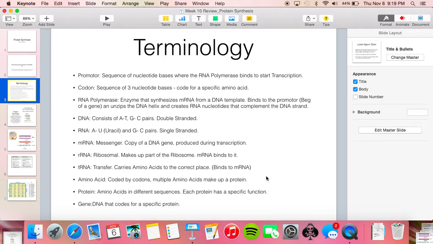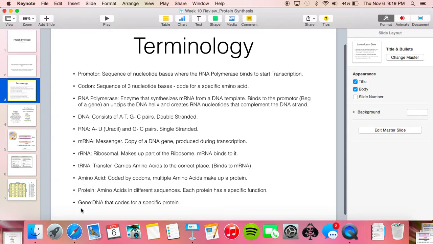Okay, the next thing, just kind of going back, we've already talked about these ones, but we've talked about how genes are basically a sequence of DNA that codes for a protein. So that gets broken down, and a protein is a bunch of amino acids put together in different sequences. So that's why we have different proteins, because there's different sequences of those amino acids. And the amino acids come from codons.